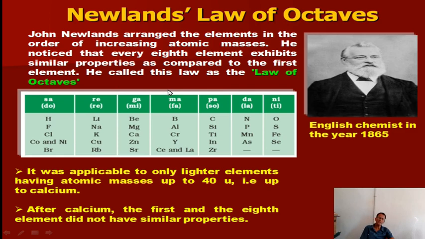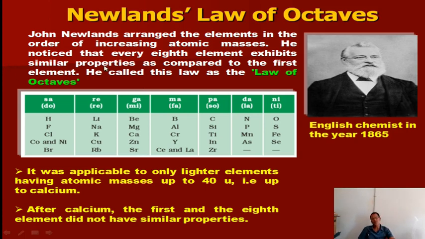That means elements are arranged in increasing order of atomic mass, in such a way that after finishing seven elements, the property of the eighth element is the repetition of the first. That means he selected atomic weight as the fundamental property in the arrangement of elements.